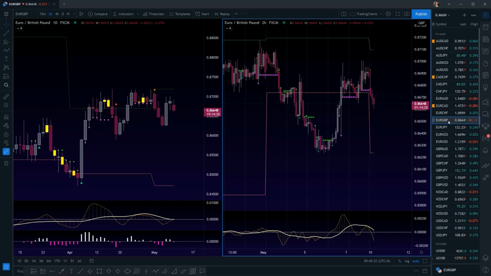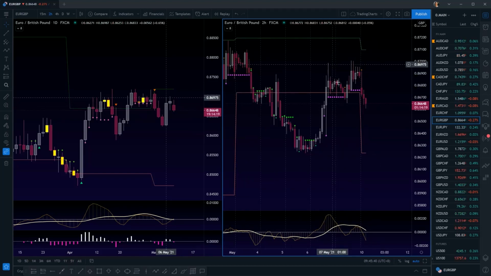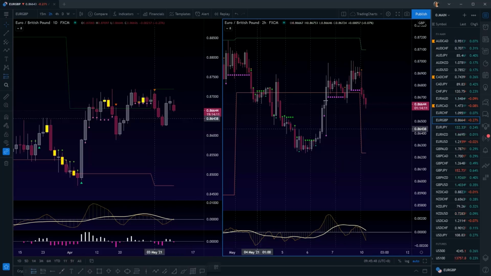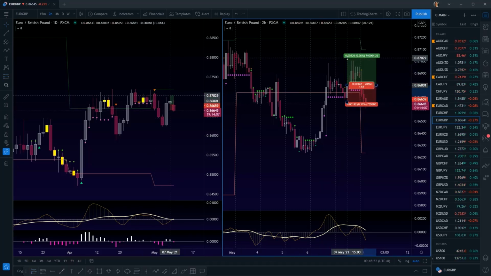Okay, Euro, British Pound. I did take this trade on Friday because of this impulse back. So pull back and then I got out, I think I got in somewhere here. Yeah, I got out at 90.